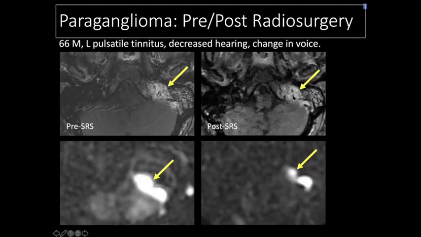The flow voids look a little bit different. But when we look at our ASL, we see that there is a dramatic reduction in tumor perfusion. And it helps us to feel very confident that the patient is having an excellent response to stereotactic radiosurgery, even though the tumor hasn't changed all that much on the post-gadolinium imaging. So ASL can be very helpful in following these patients post-radiosurgical therapy.